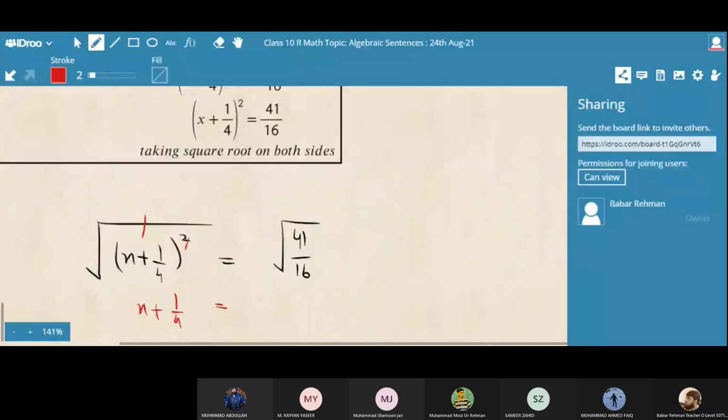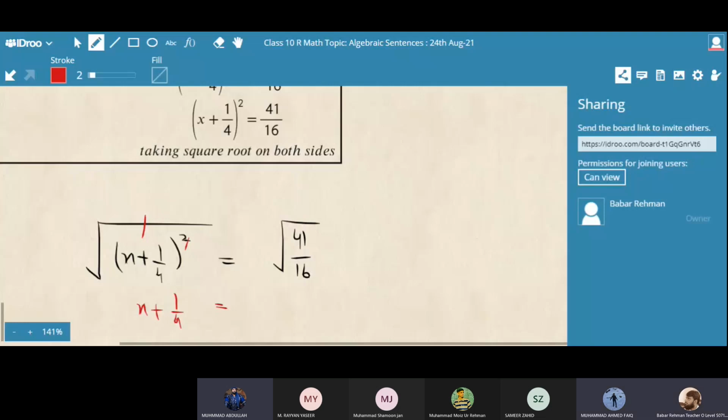Sir, yes sir, we will apply the square root on the other side because the other side will not have this root. So x equals plus 1 upon 4. Then, sir, the square root will be applied on both 41 and 16. The answer will be 41 in the bracket and upon 2.